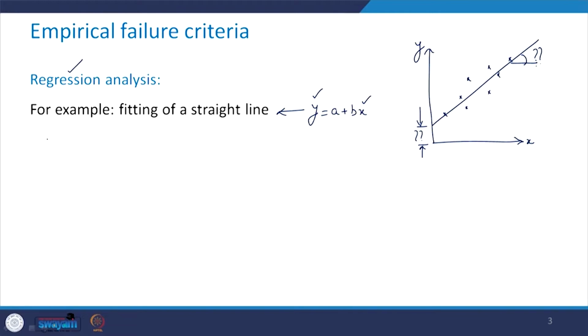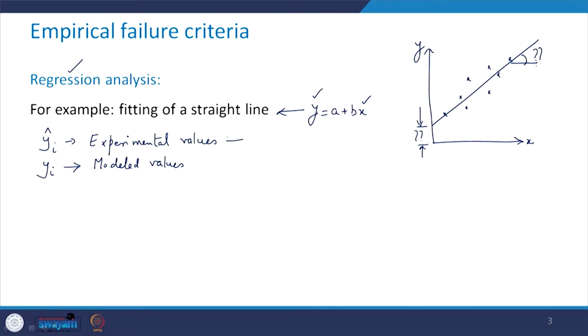Say I represent here yi cap, these are the experimental values, and I represent another term yi for the modeled values. What does that mean?